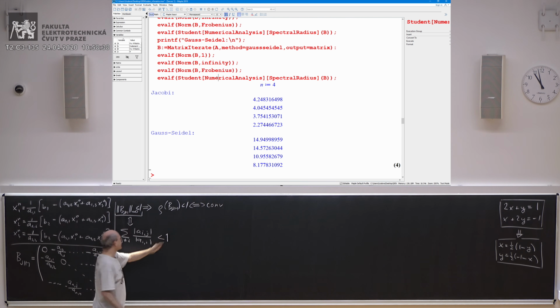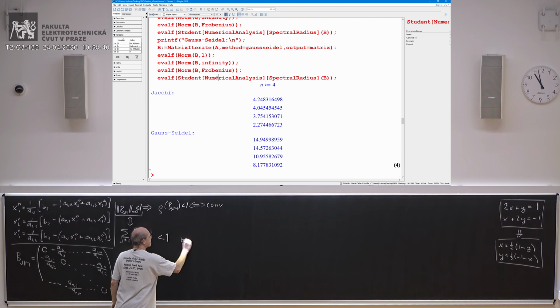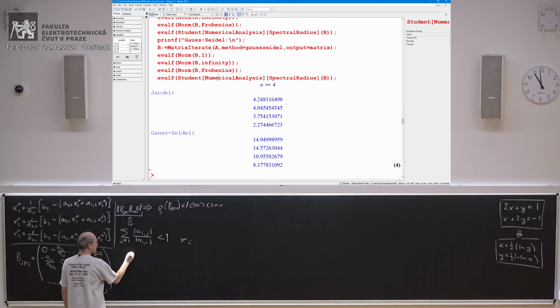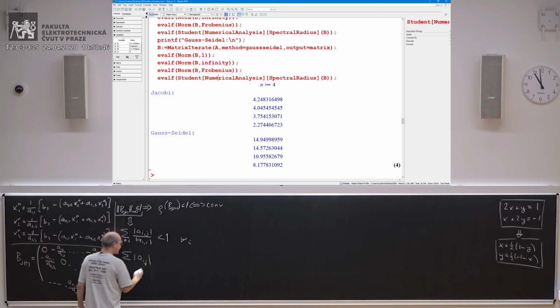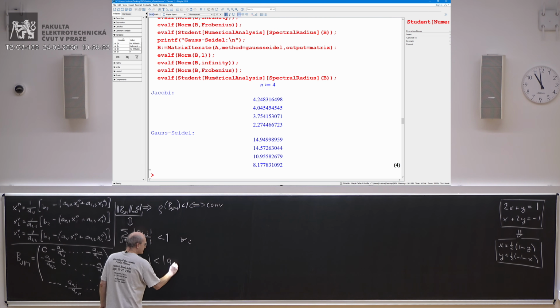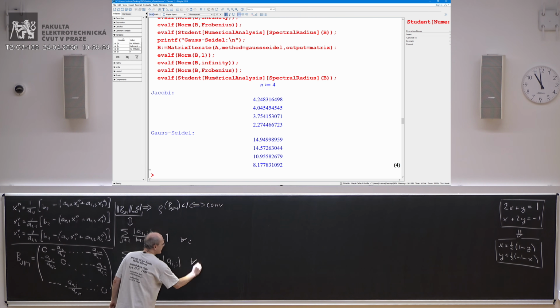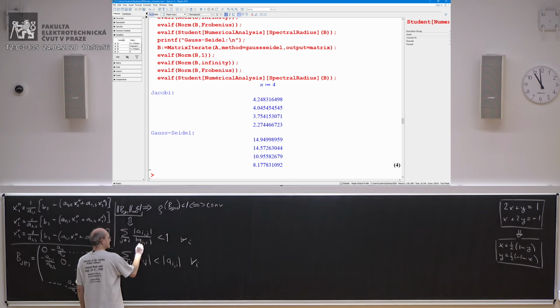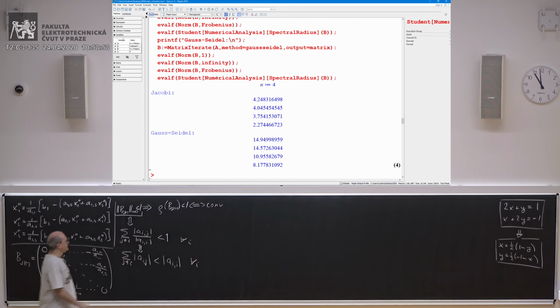Now we move a_ii to the other side. This should be true for every i. So the summation of terms in the ith row, but with the exception of the diagonal one, should be less than the diagonal term itself for every i. So let's put it together now.